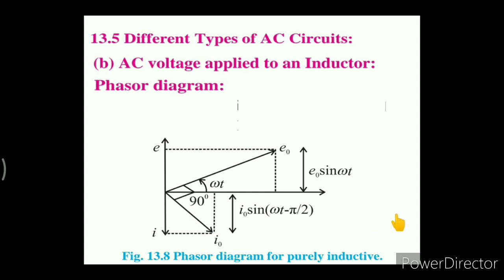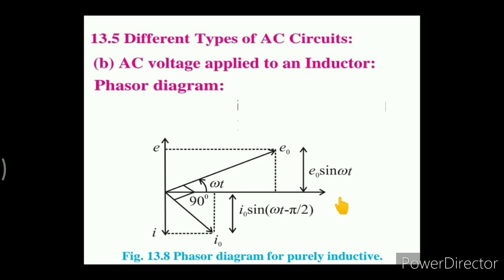The phasor representing the peak EMF E0 makes an angle omega t in the anti-clockwise direction from the horizontal axis, as the x-axis represents the angle omega t. The length of the arrow represents the maximum value of the EMF.